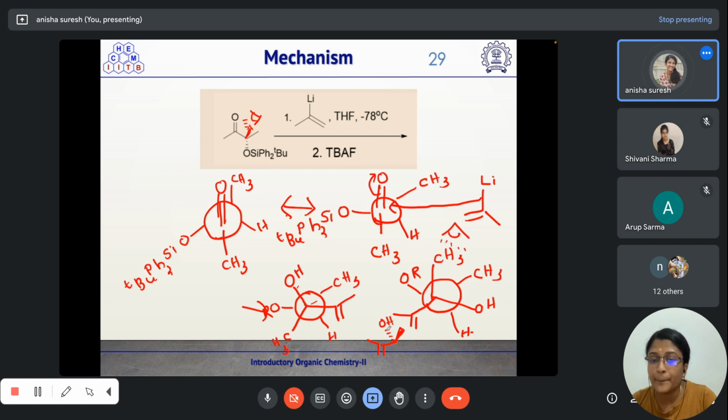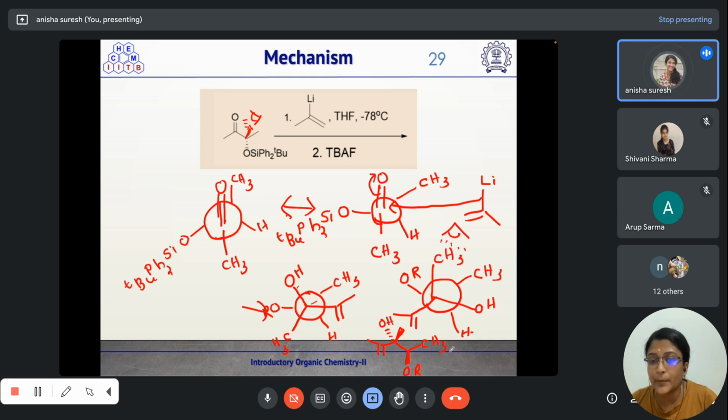And in the back carbon, this OR is coming towards us, and this is CH3.